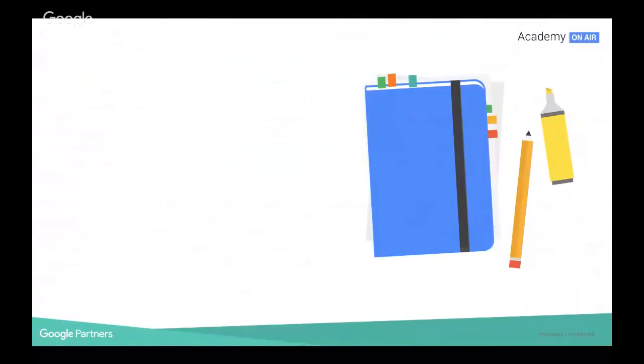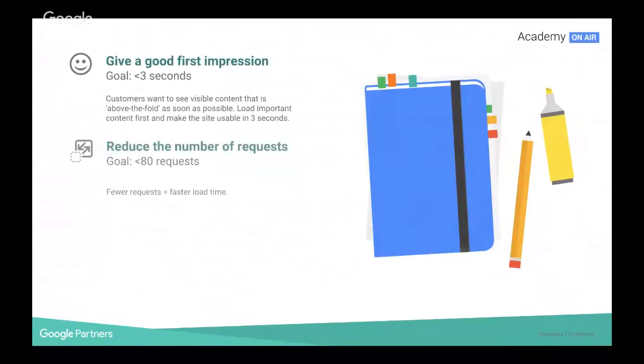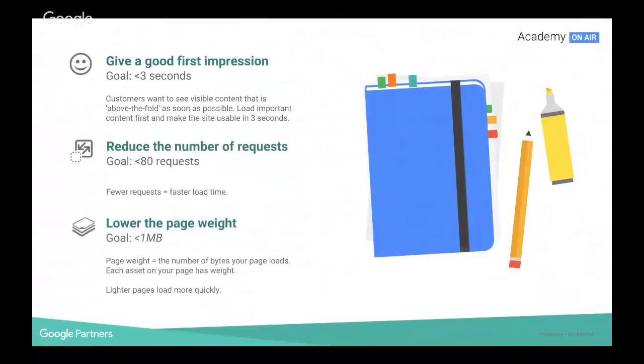Now, when it comes to the framework for faster mobile websites, of course, we've talked about the leading reasons for this. But if I were to set up a framework for you to have as a guiding principle for your current versions of your websites or the future iterations of your websites coming up, what I would suggest is look at these three things. So firstly, give a good impression.